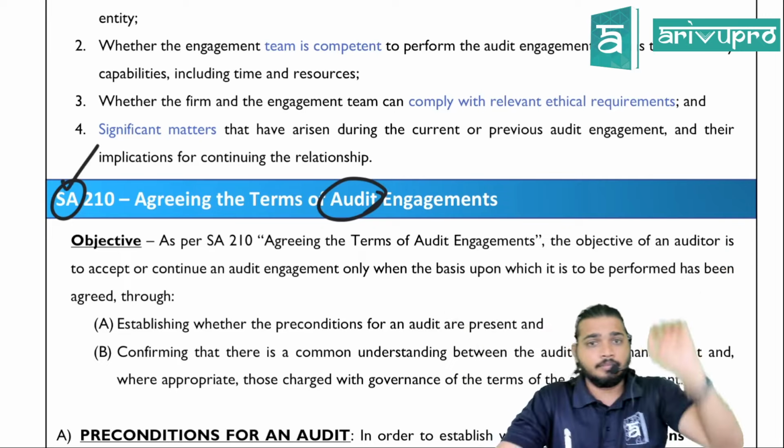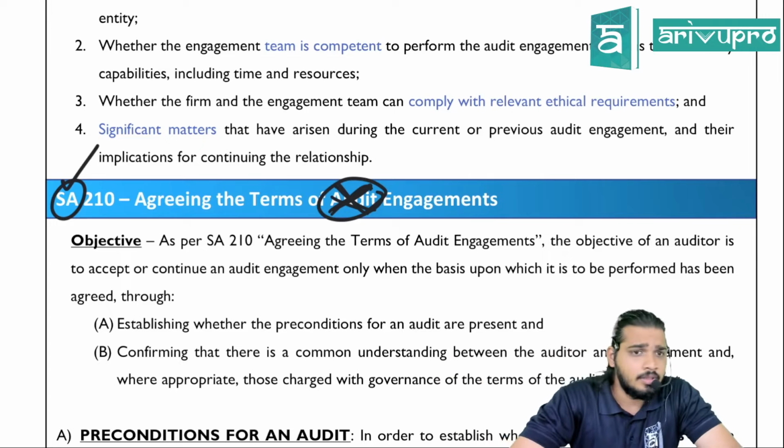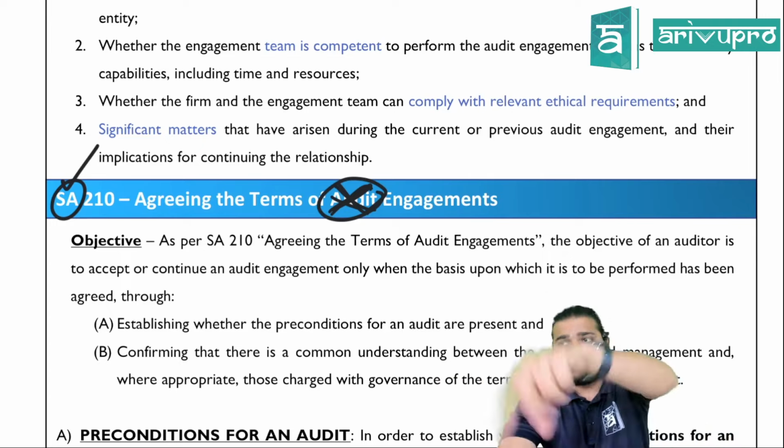Now on the other hand, imagine if I remove the word audit, or agreeing the terms of engagement. Which engagement? Should be audit only. Why? Because it is SA. Clear? So wherever they use SA, we know that this is for audit. If they have used SQC, we know it is not for audit. It is for the firm.